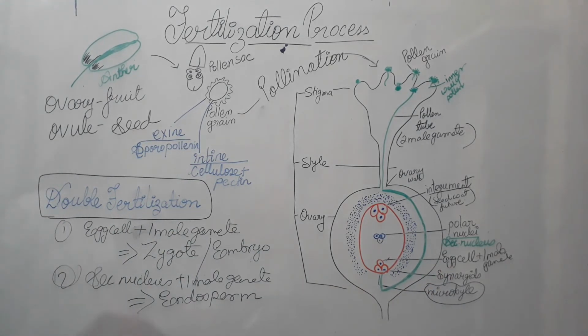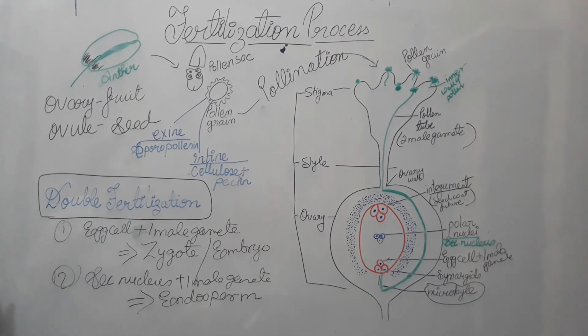Inside this ovary, the ovule will form the seed. And you know that the seed is the part which will develop into the new embryo, right? Inside that seed there is an endosperm, which will be the nutrition for the plant.